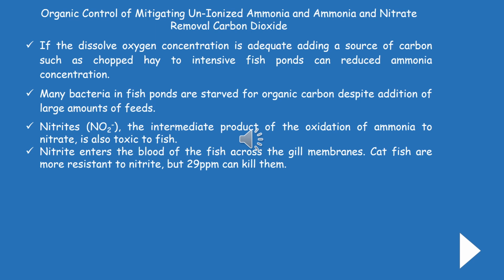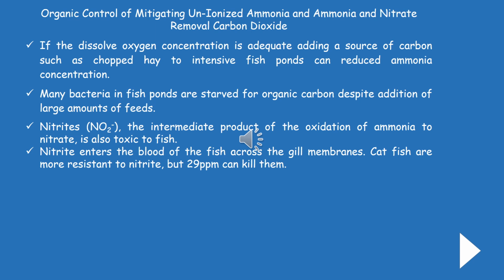Less than 10% of ammonia is in the toxic form when pH is less than 8.0, slightly alkaline. The proportion of toxic ammonia increases as pH increases.